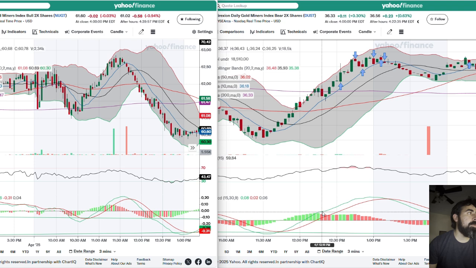I would have probably got out here, honestly. It's tapping that 200. RSI is now coming down. That's a decent run too, from the top of the blue to the 200.